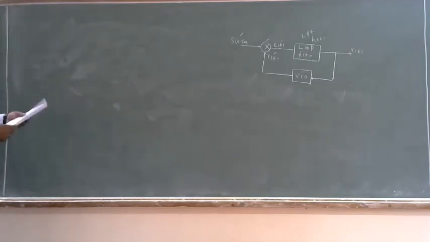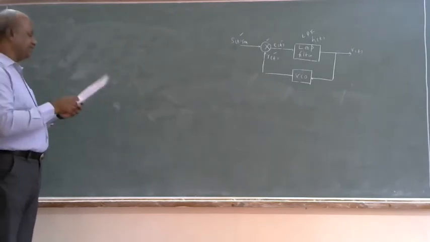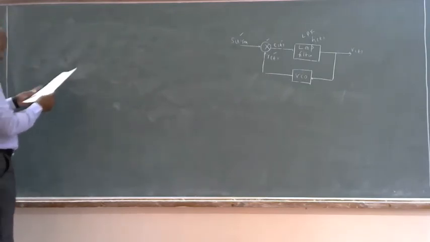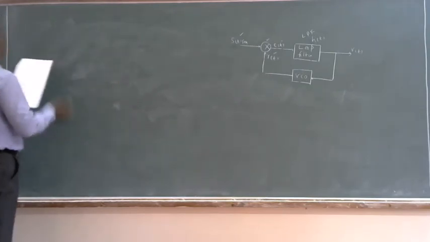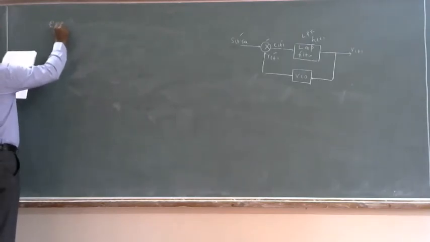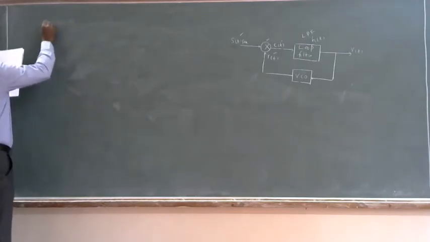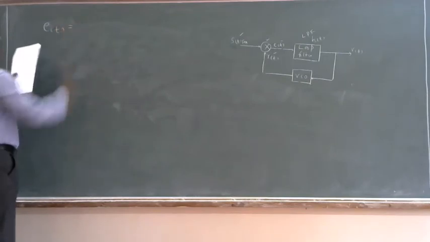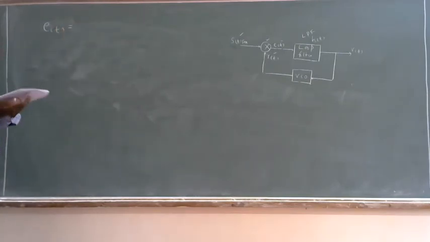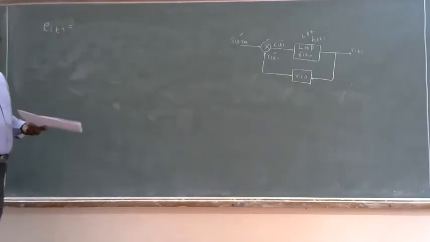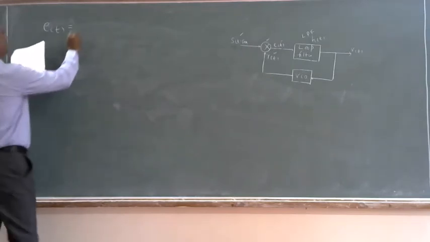That's why the loop filter is only responding for the low frequency component. I am writing here E of t equals to only the low frequency components I will consider, because the filter is not responding for high frequency components.